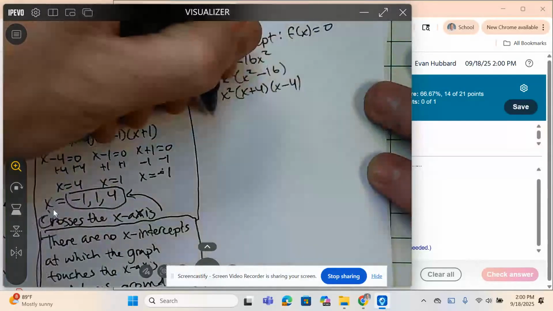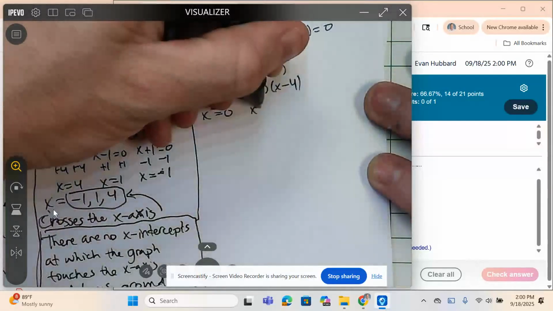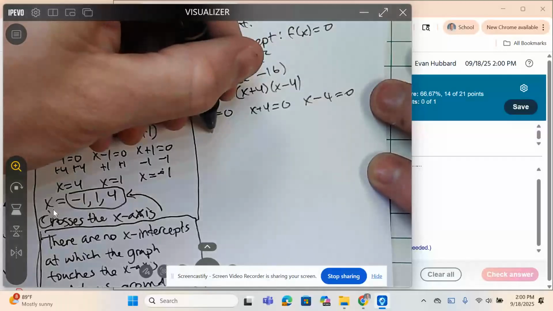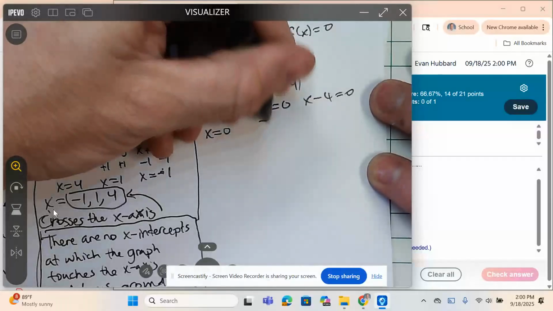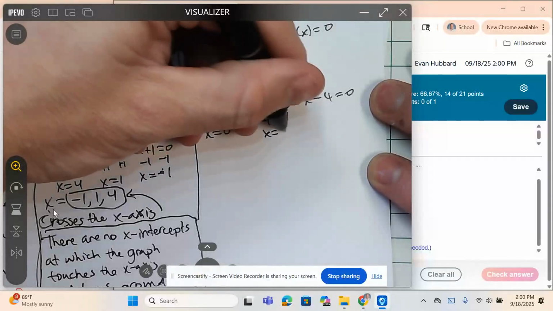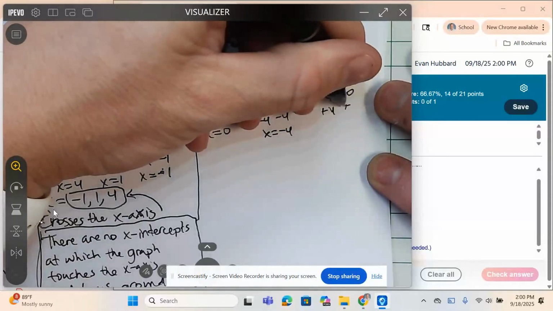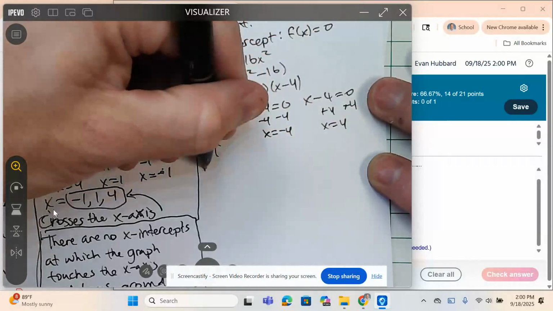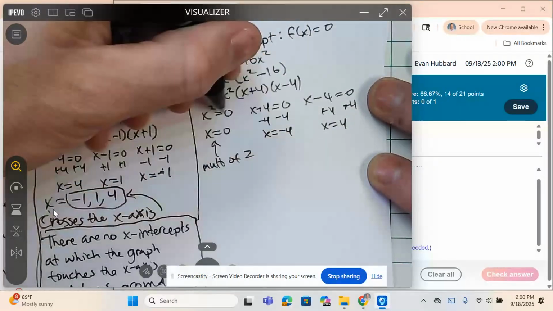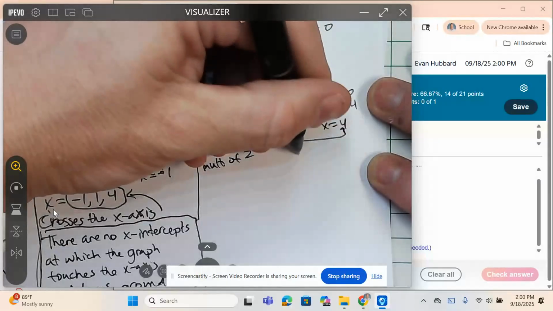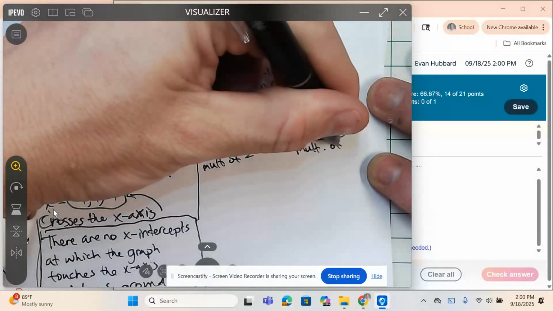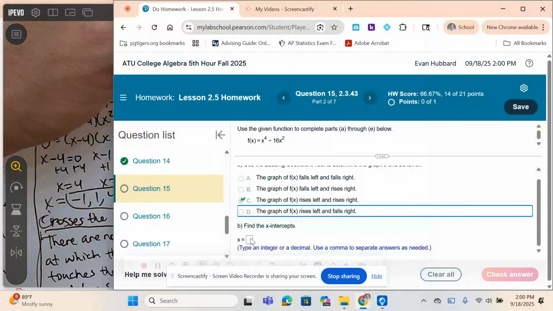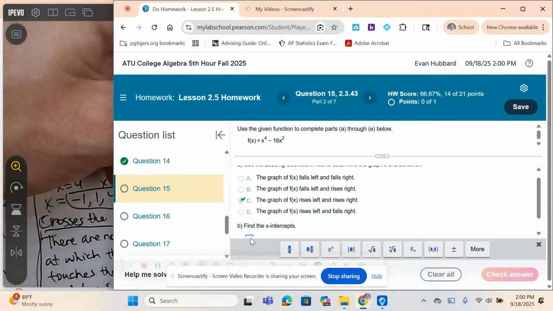So I've got x squared equal to 0, x plus 4 equal to 0, x minus 4 equal to 0. So this is just going to be 0, negative 4, and positive 4. 0 has a multiplicity of 2 because it's squared. These have a multiplicity of 1. Okay. So the x-intercepts.